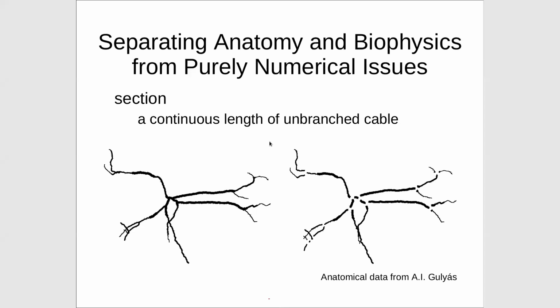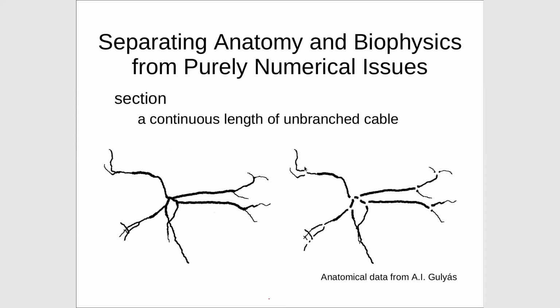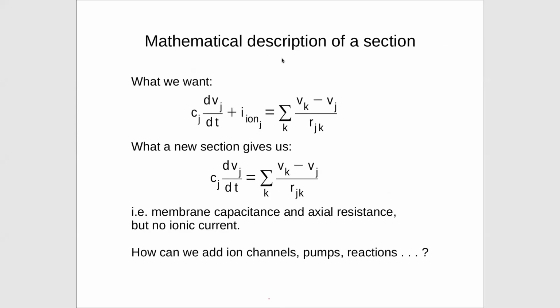All right? And if we have branches that are so long that we have to break them into pieces because transmembrane current density is not the same along the entire length of it, well then, we can do that. So the mathematical description of a section is basically many of these little compartments connected end to end, okay?